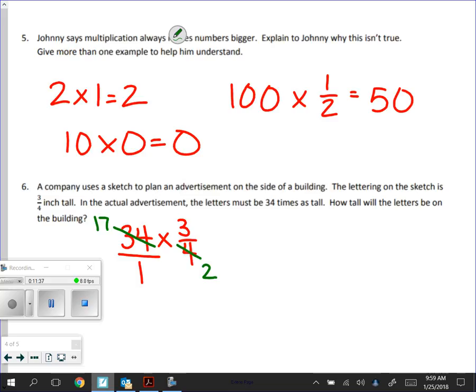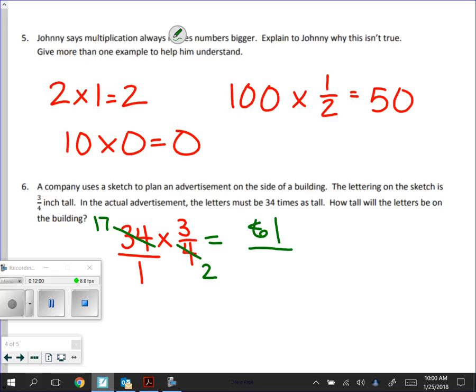I'm just making it smaller so it's not quite so large. So then I have 17 times 3, which is 51. I was able to multiply that in my head a little bit easier than 34 times 3.